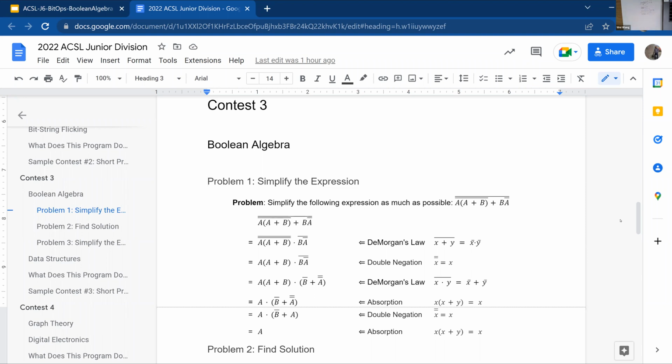I jumped over one step here. This equals A or (A or not B); this is not B or A. You can commute those two operands.